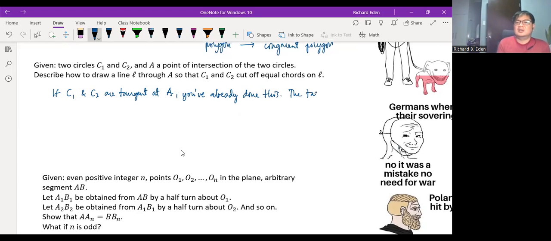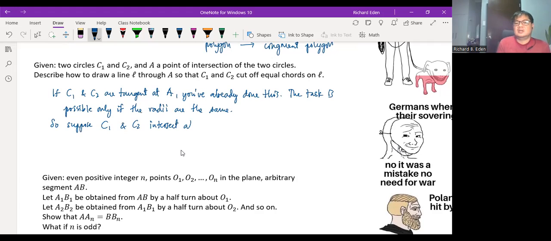The task is possible only if the radii are the same. Okay, so suppose C1 and C2 intersect at two points A and B.